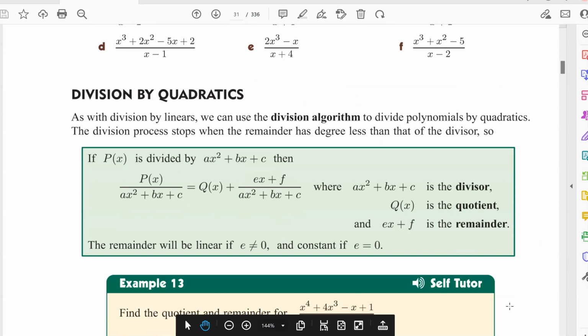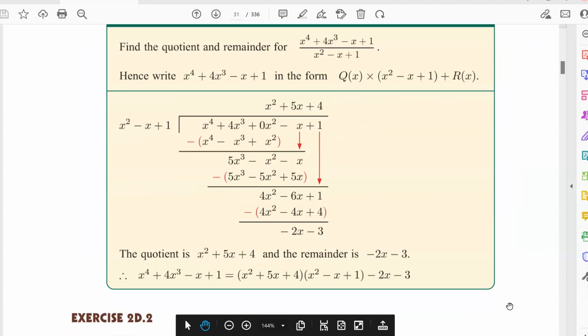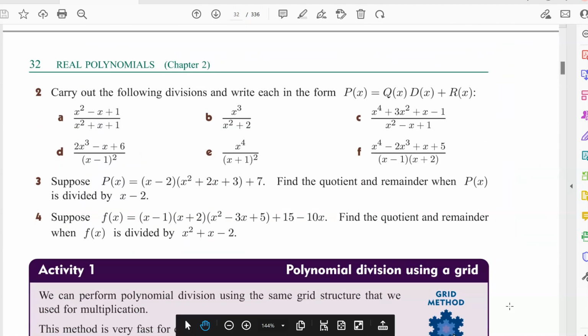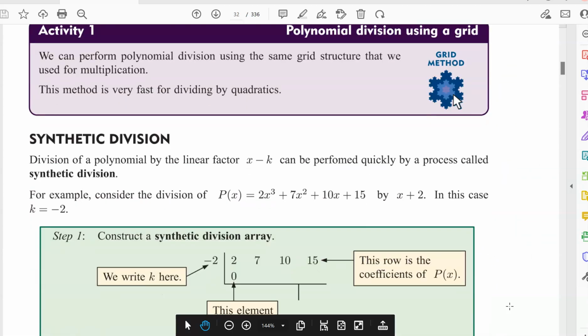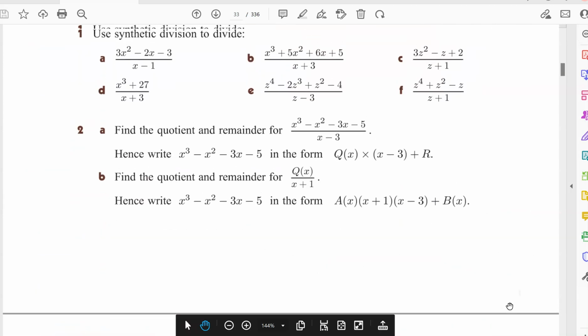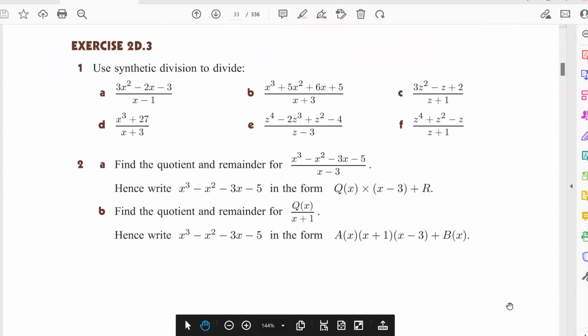So you're doing the time to practice. You can even practice a quad. There will be one in your worksheet, but it's the same process. And then you can see it goes into synthetic division. So it's just the same thing over and over again. I would recommend, as you've done a long division, check your work by using synthetic division, and then listen up, you don't actually have to do 2D3. Well, the first question anyway. Does that make sense?